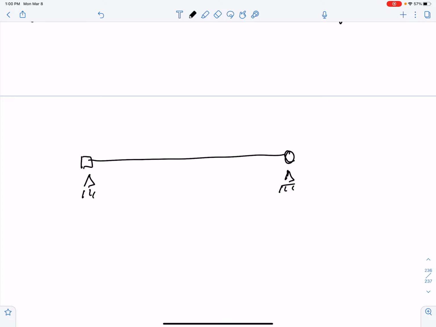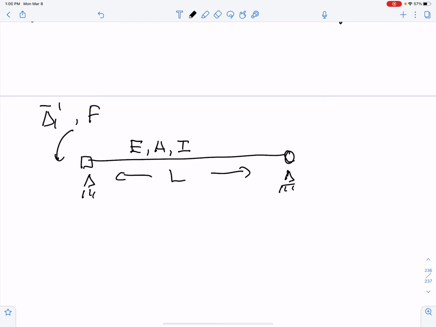E, A, Young's modulus, cross-sectional area, and we also have moment of inertia, I. The length of this guy is L. And again, let me denote by delta 1 over bar prime, F1 over bar prime, the corresponding rotation and moment.